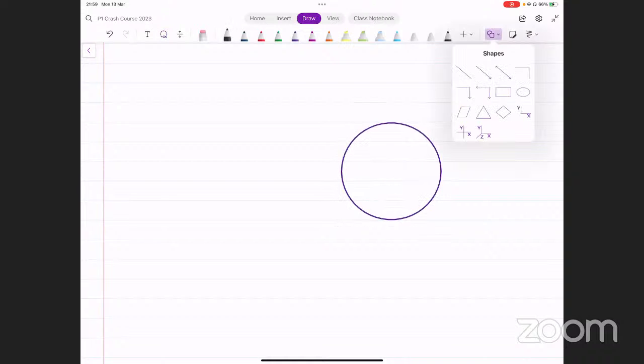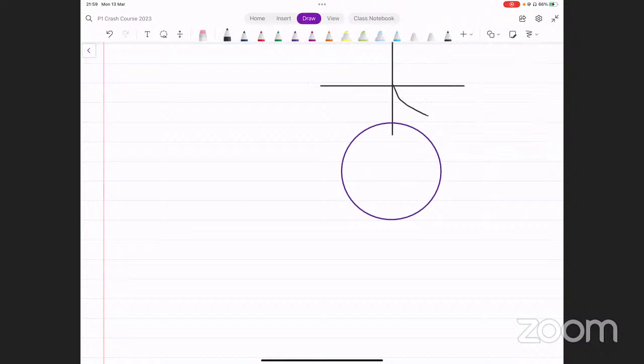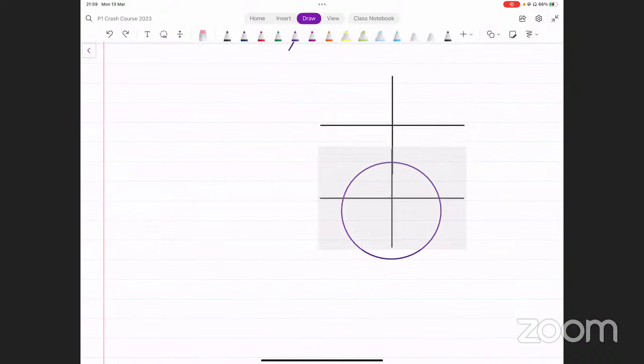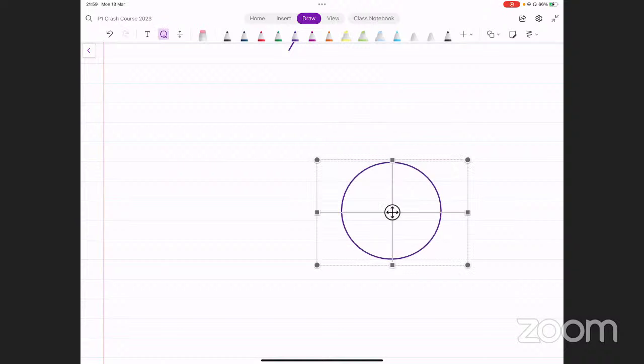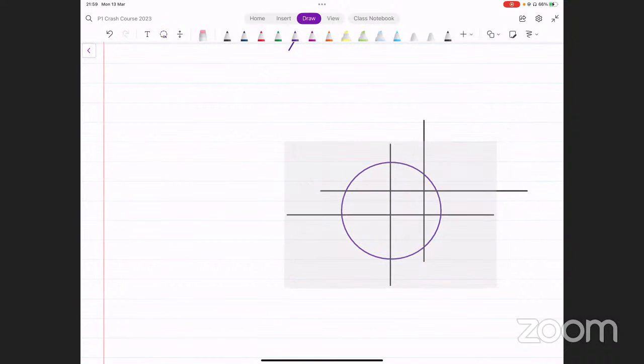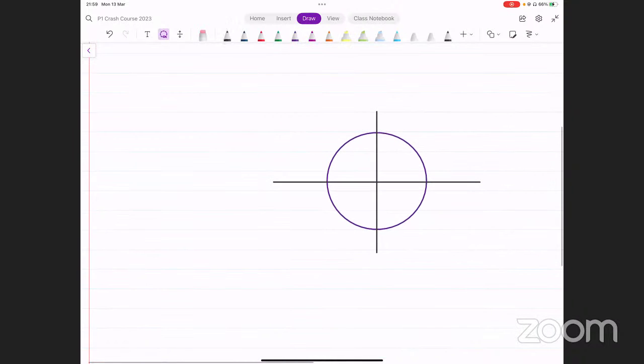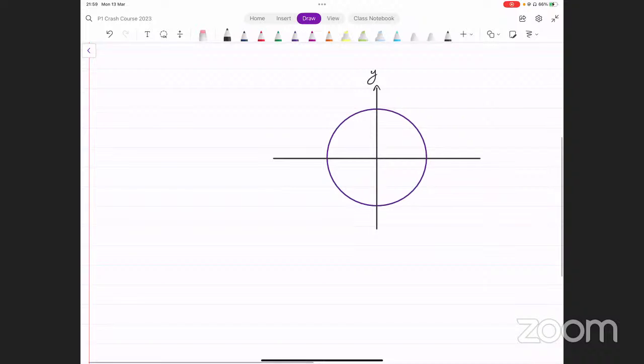Now, let's say we have these x and y axes through which this circle is passing. All right, so this is how the circle looks. We have the y-axis here, and we have the x-axis here.